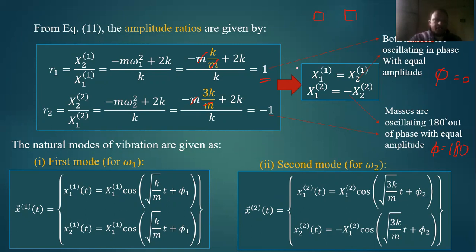So our natural modes of vibration in the first mode and in the second mode are given like this. x1 of 1 of t is equal to x1 of the first mode cos of radical of k over m t plus phi 1. x2 of t is equal to x1 of 1, so we have only 1 here. This is the solution, and this is also the solution for the second mode of vibration.